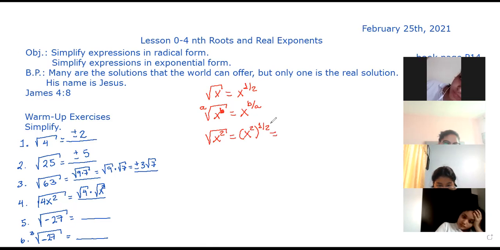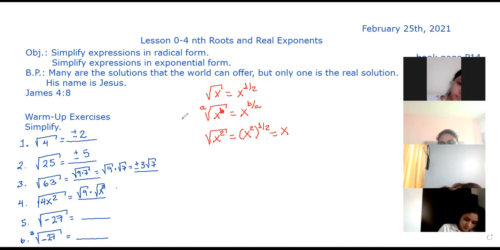How much is 2 times 1/2? 1. So you have just x. Important. This is something that you should know by now, but if you don't remember, write it down, because this will help you in this lesson a lot.